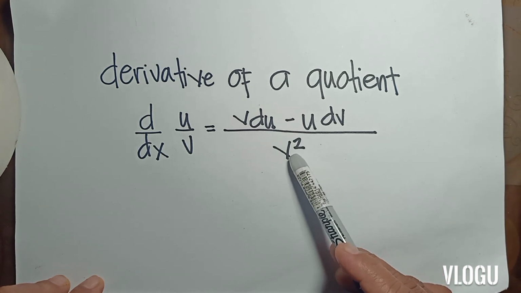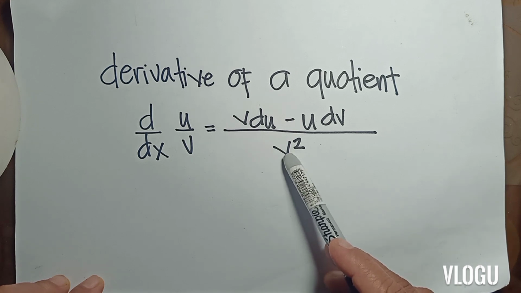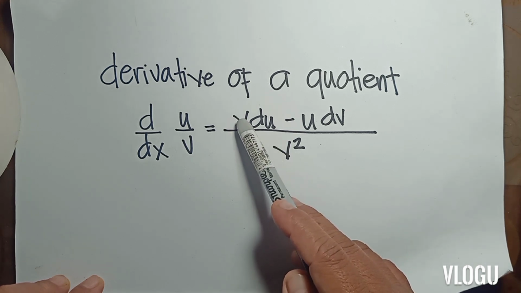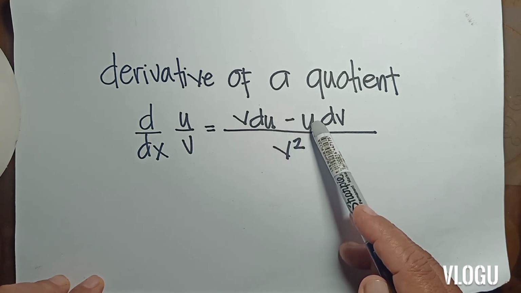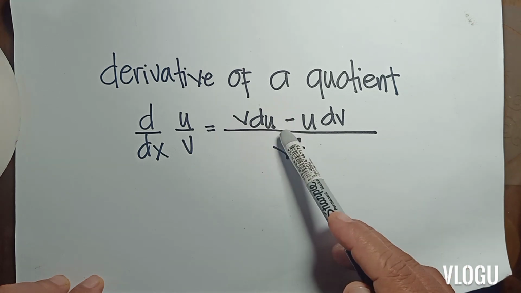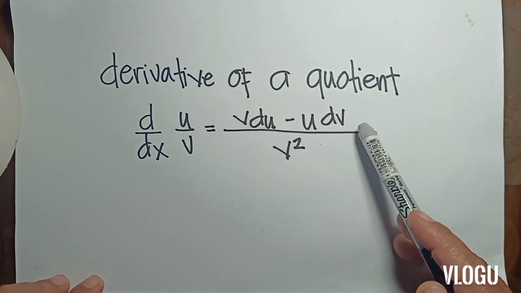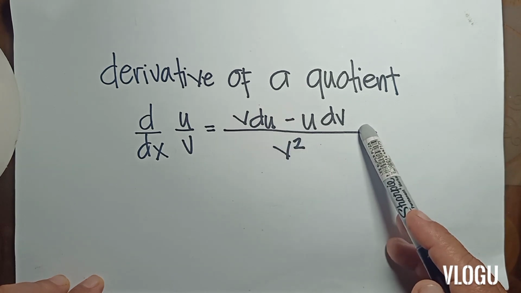So if we look at this, we are going to square the denominator. Then you will have the denominator times the derivative of the numerator, minus the numerator times the derivative of the denominator. This can never be interchanged, so we should follow the format.